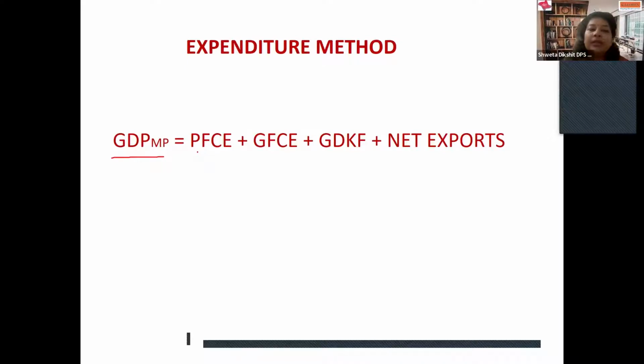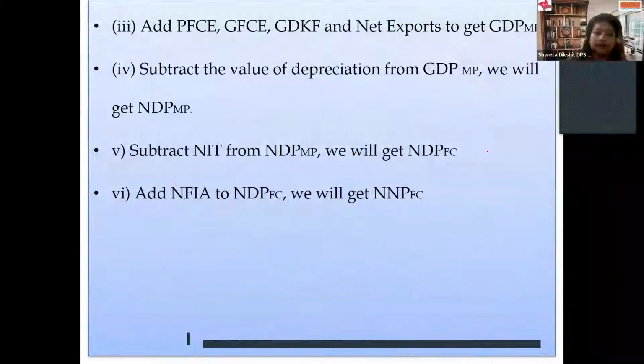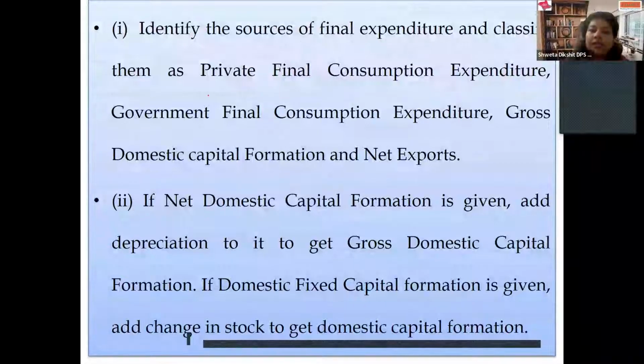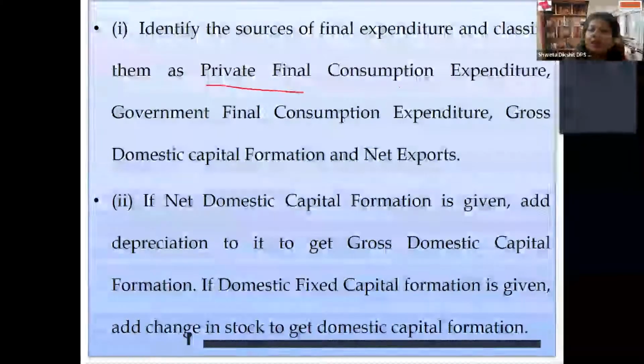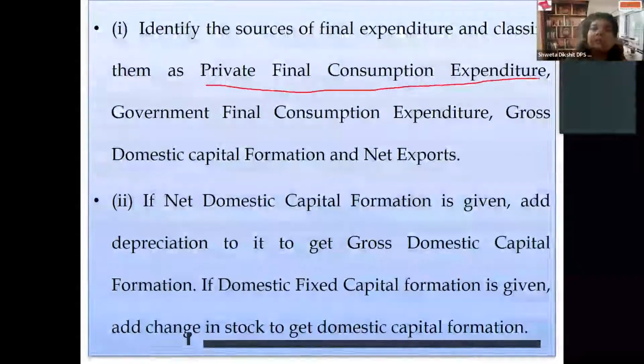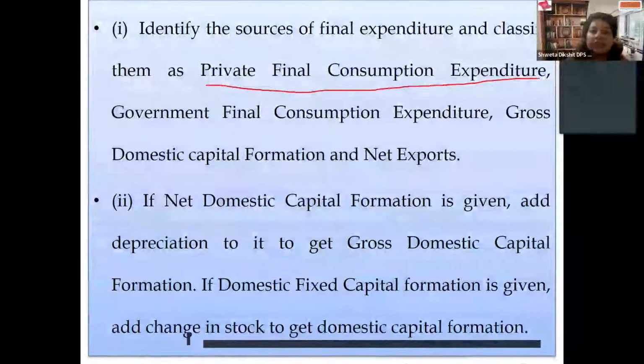Now, for GDP at MP here, we need three things basically: PFCE, GFCE, GDKF, which we can also call GDCF, and net exports. I'll tell you one by one what they are. PFCE is private final consumption expenditure. I repeat, private final consumption expenditure.